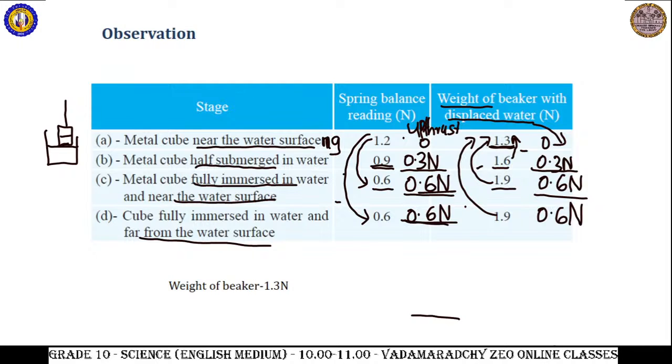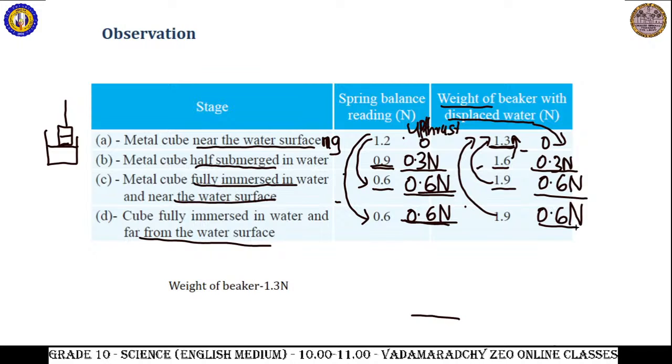The third instance is also the same. So from this activity we can say the upthrust exerted on an object that is immersed fully or partially in water is equal to the weight of the displaced water.